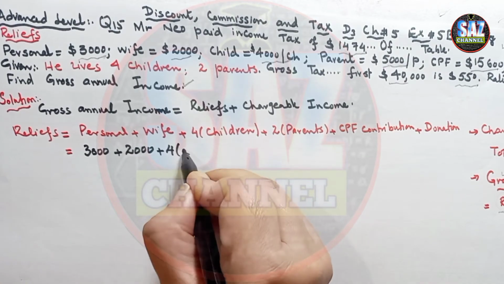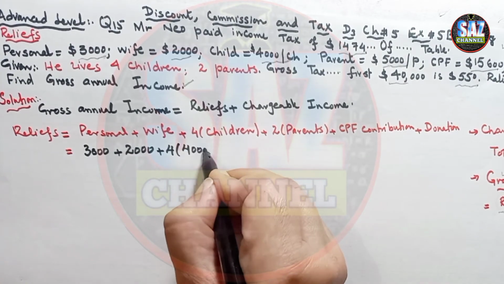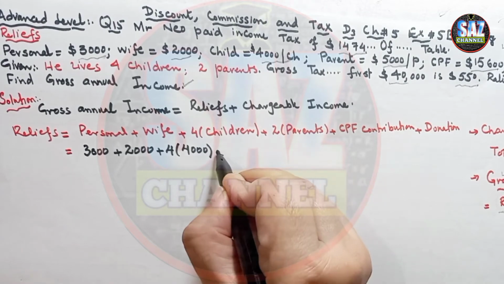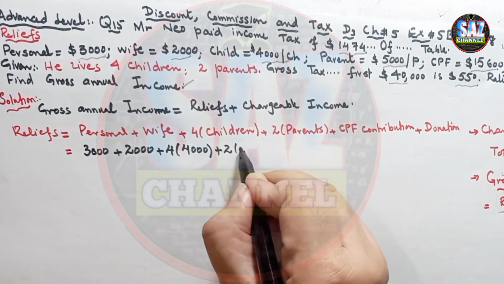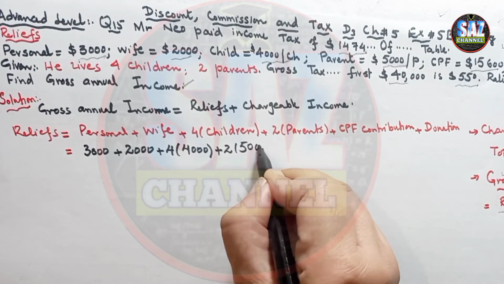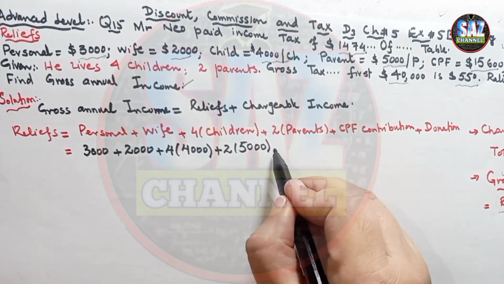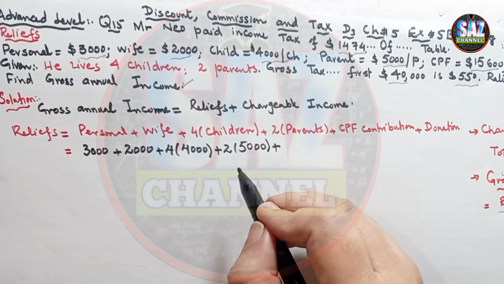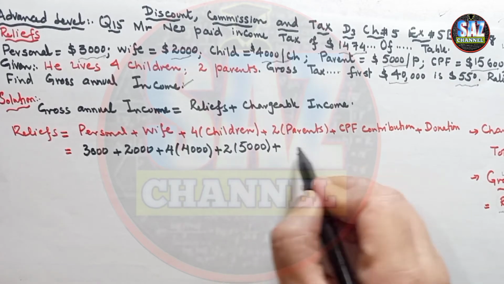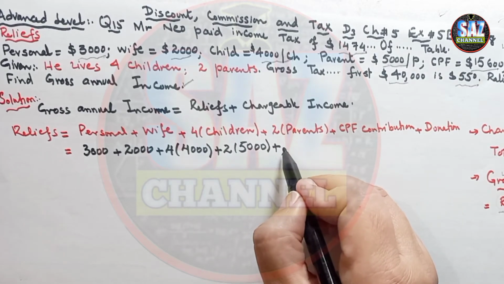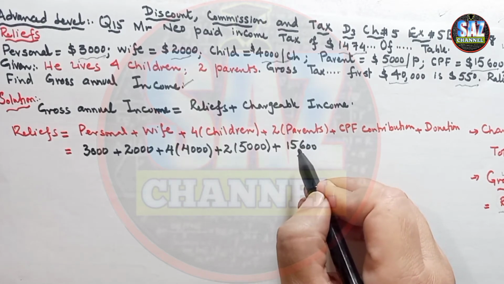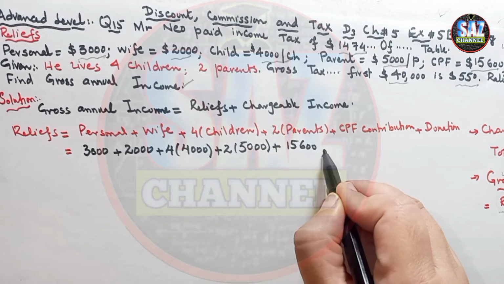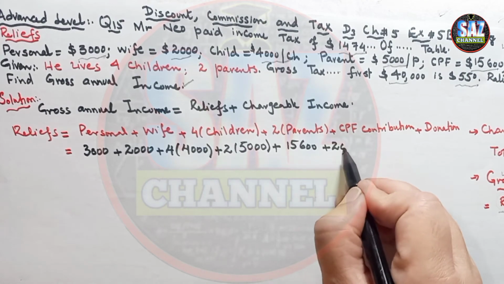So for four children, 4 times 4000, and for parent he's getting 5000, and he's living with two parents, so 2 times 5000. And CPF contribution, once again let me confirm the value from the book: 15,600, and then the donation is $200.